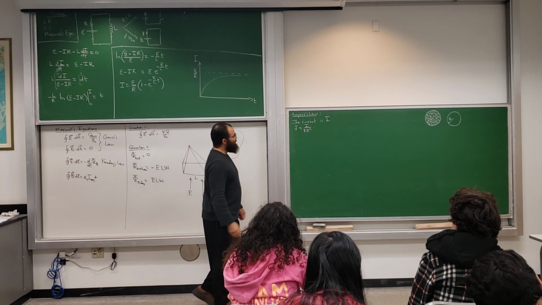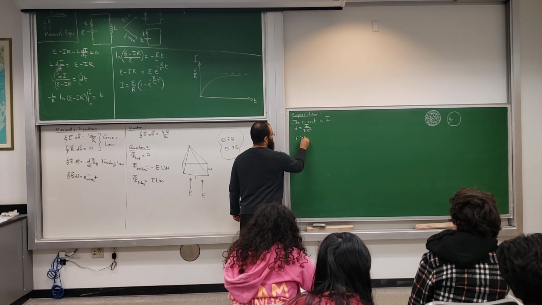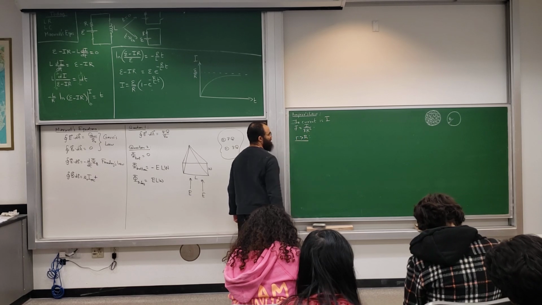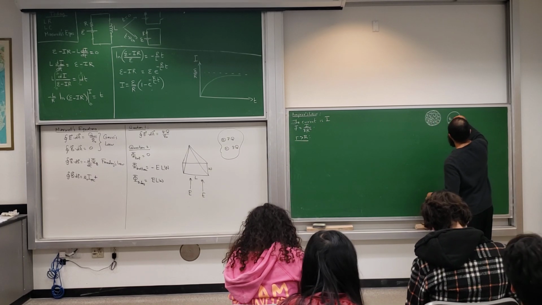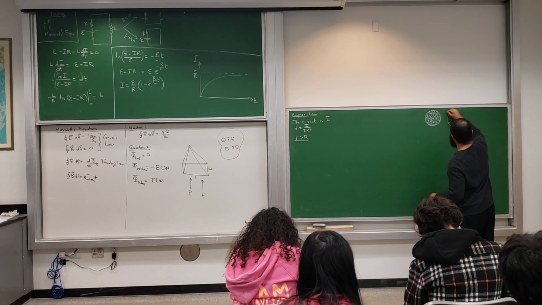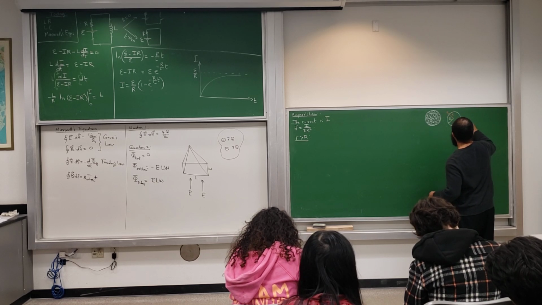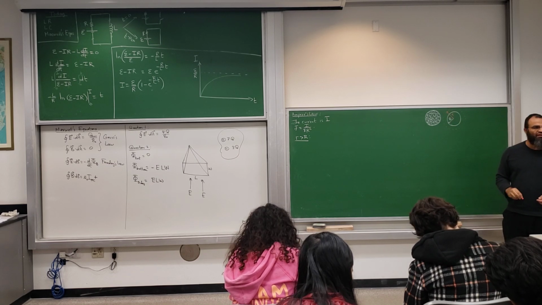Okay, good. So let's find the magnetic field for r greater than capital R. Going to apply Ampere's law. We're outside, so my little r is going to be outside. And here is my loop. My loop is going to go counterclockwise.